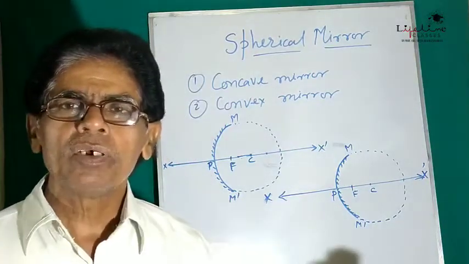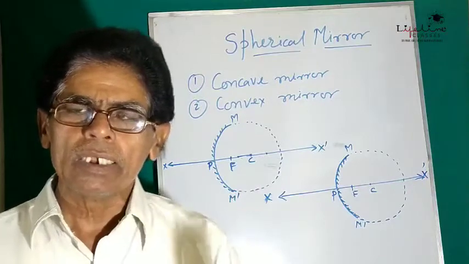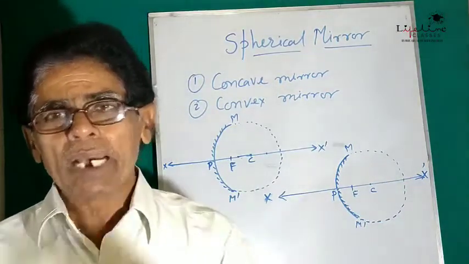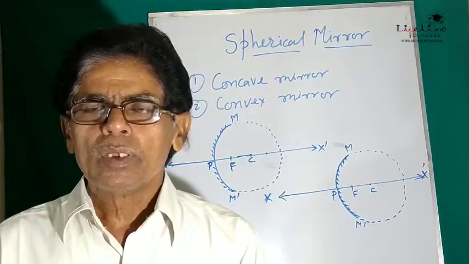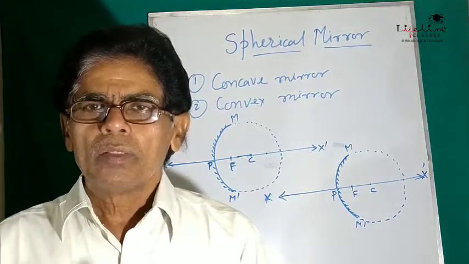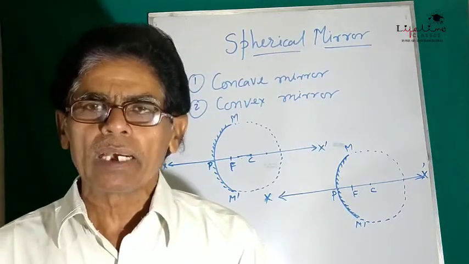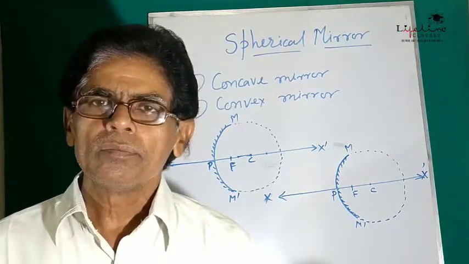But in case of convex mirror, the center of curvature is just opposite to the reflecting surface. The reflecting surface is the outermost part or the surface of the sphere, inside which the center of curvature lies.